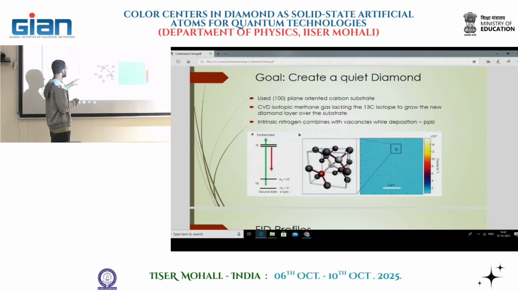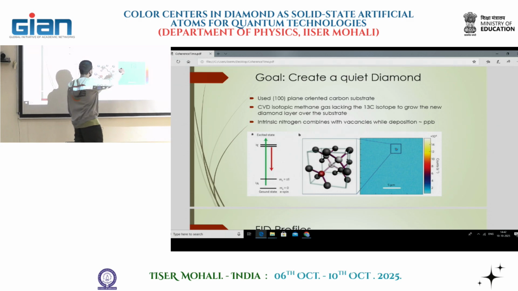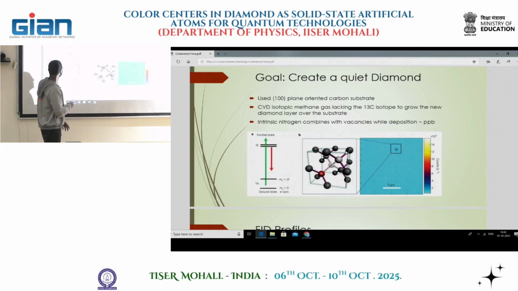We basically want to remove this C13 isotope from our diamond structure. So these people wanted to grow a diamond sample with at least the minimum of this 13C isotope.